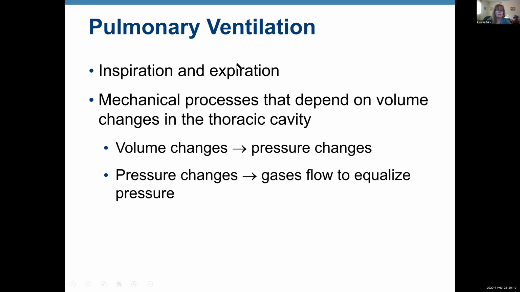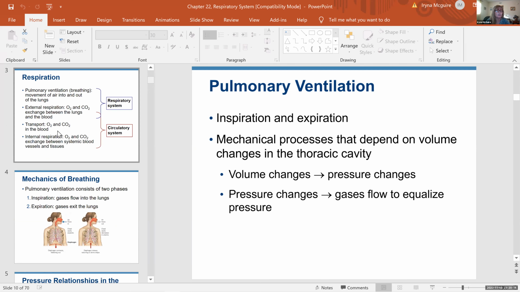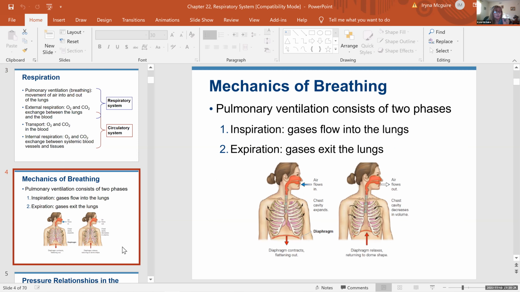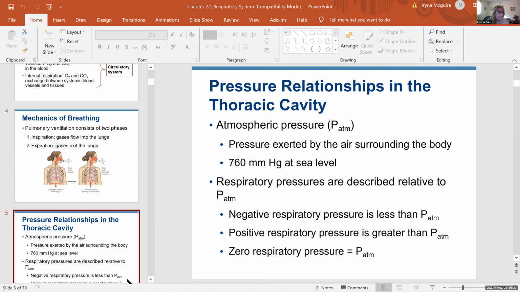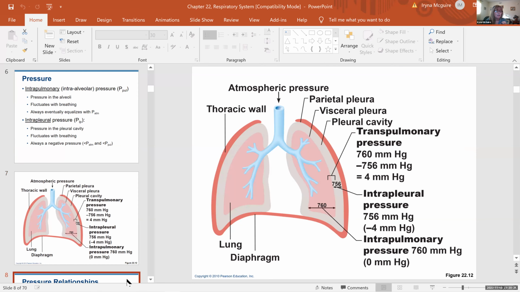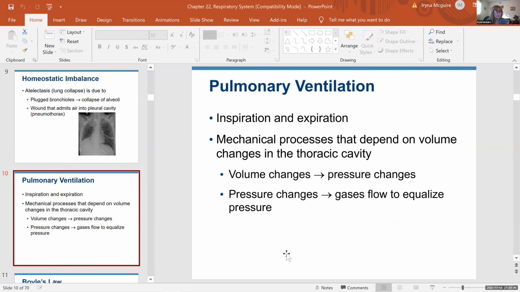Okay, so over here we will talk about pulmonary ventilation finally, right? I just want to remind you what we're talking about. We said that respiration includes these 4 processes, and the first one is pulmonary ventilation. And we said that pulmonary ventilation consists of inspiration and expiration, and we discussed all these different pressures before we start talking about how exactly air enters and leaves your lungs.